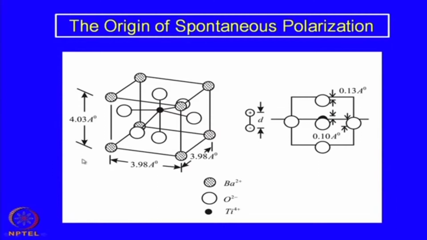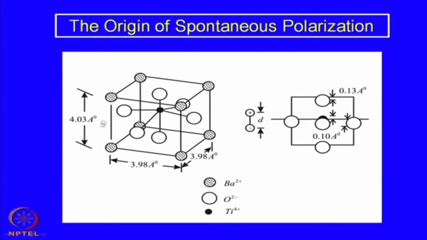These are the lattice parameters, as you can also see here, A and B. The A parameter as well as the B parameter is exactly the same, 3.98, whereas the C parameter, the vertical axis, the vertical dimension of the unit cell, is slightly more, 4.03.